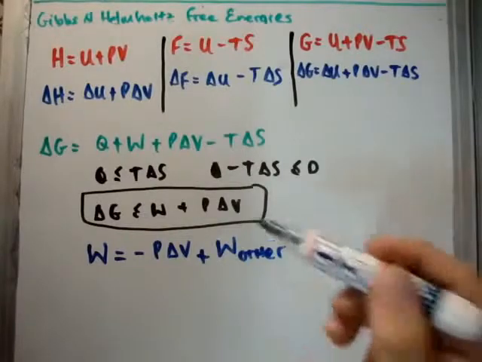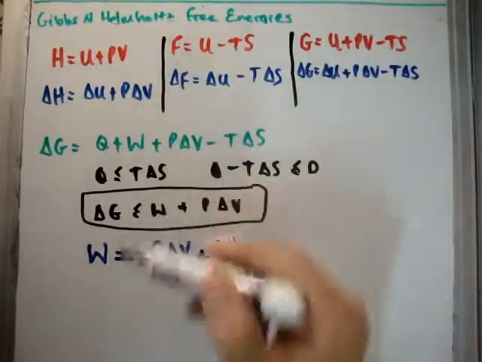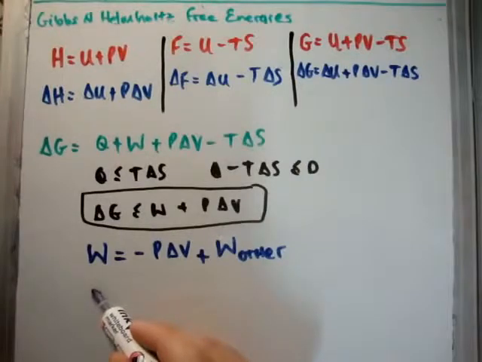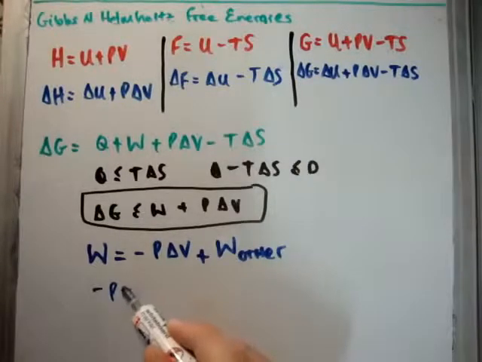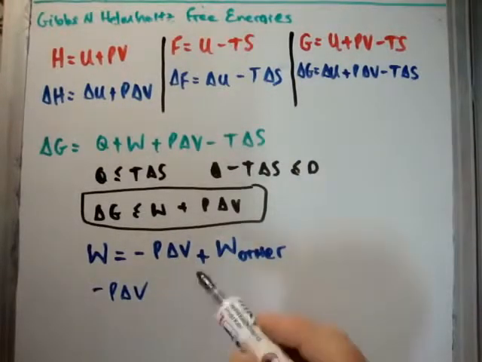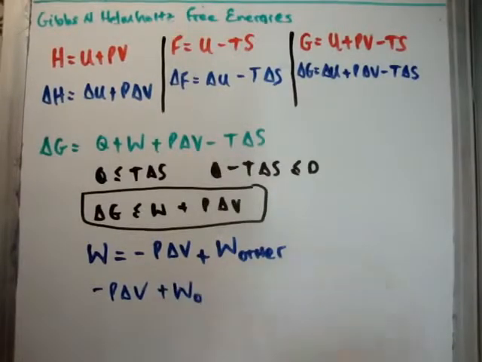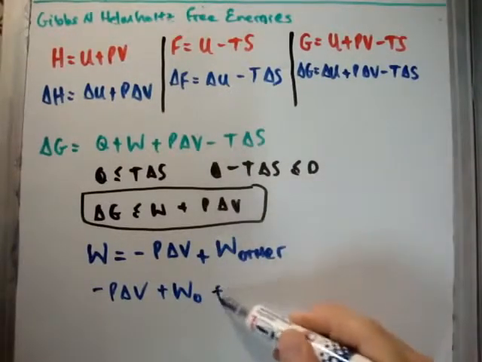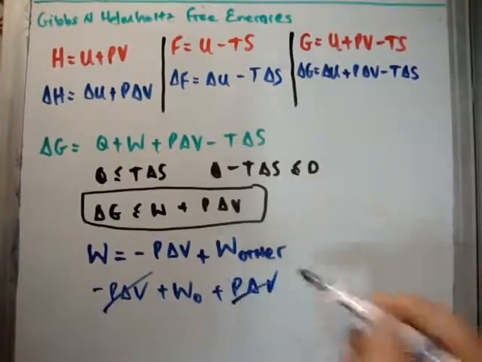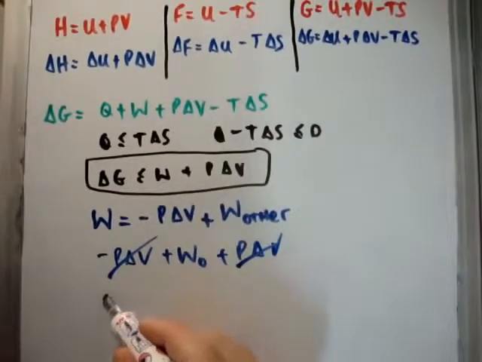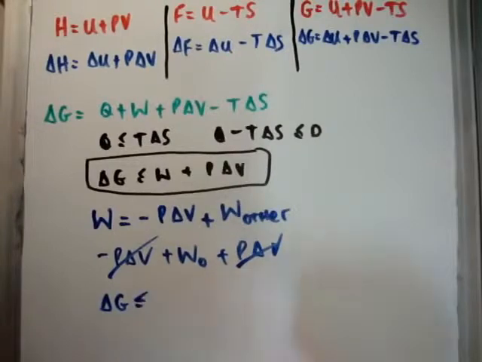So that means that the term W plus P delta V becomes minus P delta V, this term here. It becomes plus W other, but we also have this P delta V up here. So the point here is the P delta V's cancel, and that our change in Gibbs free energy is going to be less than or equal to the other work done on the system, W other. Alright, W other.